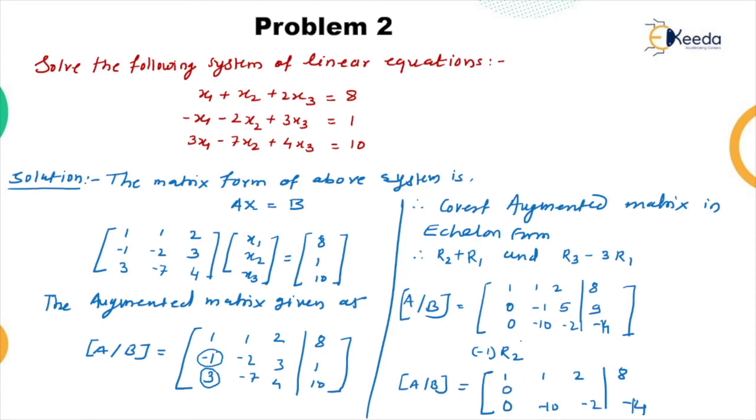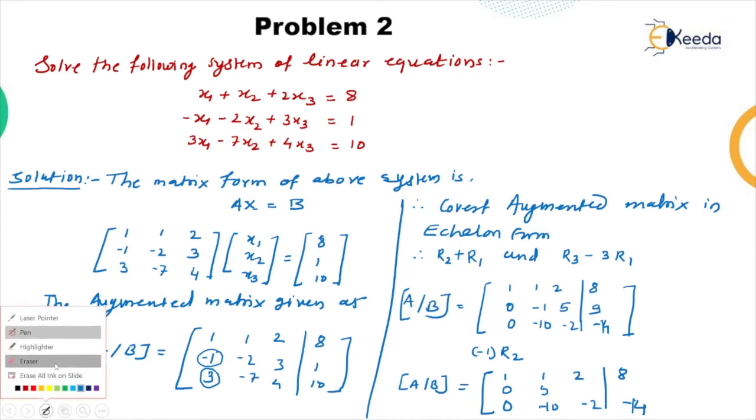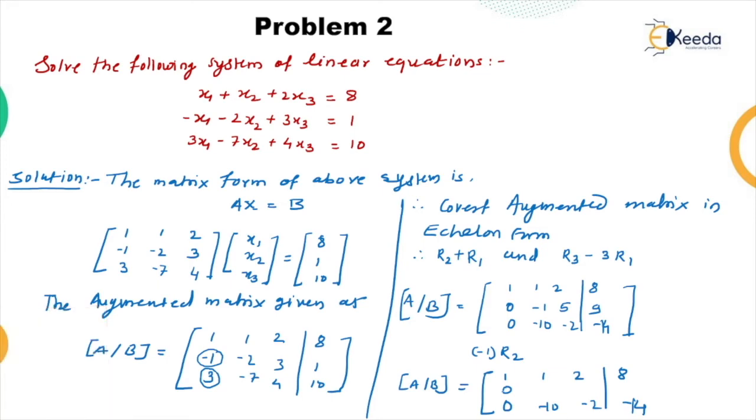Minus 1 into 0 is 0, minus 1 into minus 1 gives 1. Multiply 5 by minus 1, this becomes minus 5, and this becomes minus 9. This is the augmented matrix after making the transformation minus 1 into R2.